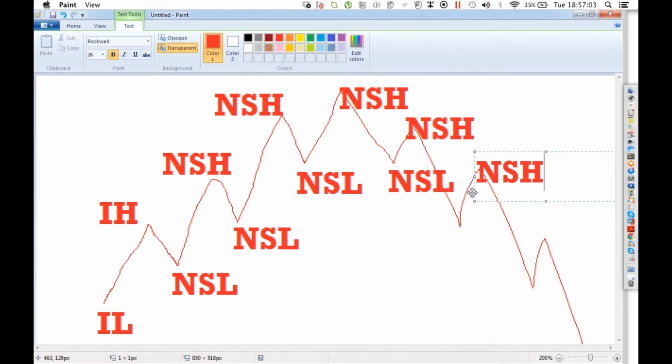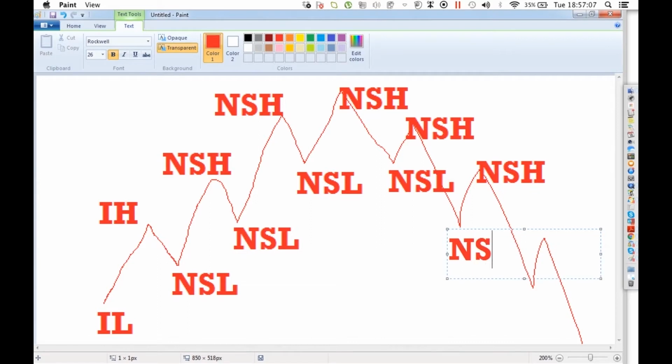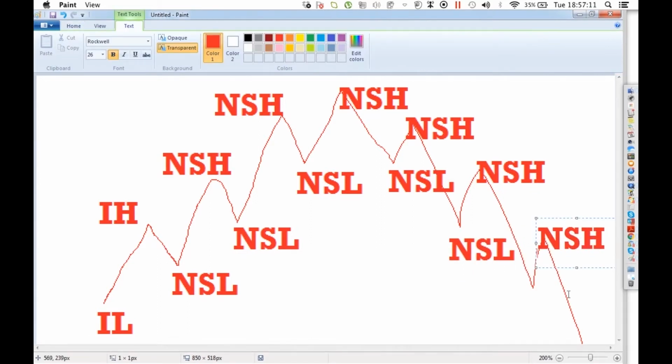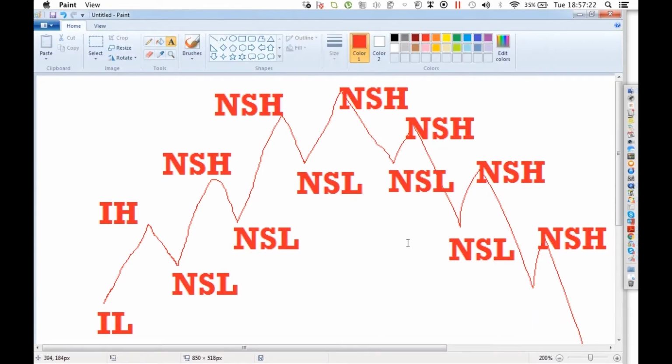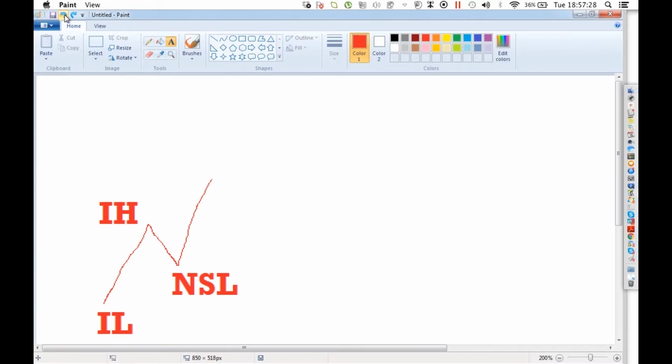That's new structure high, new structure low, new structure high, new structure low, and so on and so forth. So we understand that the market does that, whether it's going up or down. So now we're going to find out how to identify if it is going up or if it is going down.